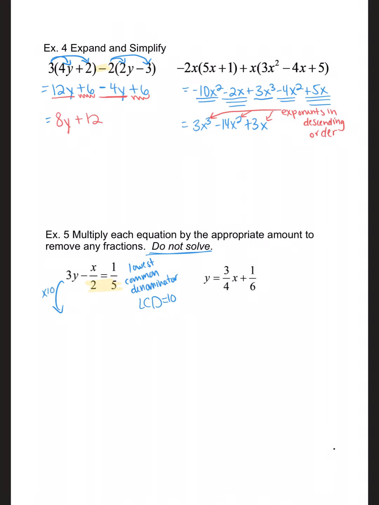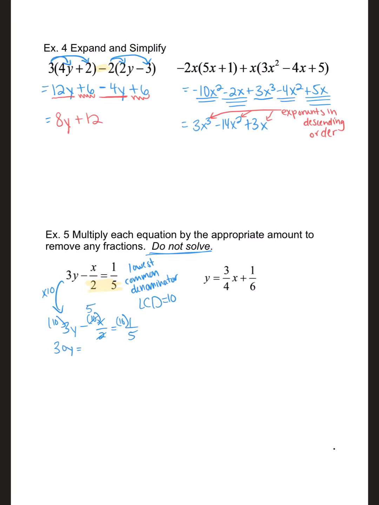So we're going to have 3y times 10 minus x over 2, and we're going to multiply that by 10, and that's going to equal 1/5. And again, we're going to multiply that by 10 as well. Okay, so 10 times 3y is going to be 30y. And then if we have 10 and we have it over 2, we should be able to reduce those down to 5, right?